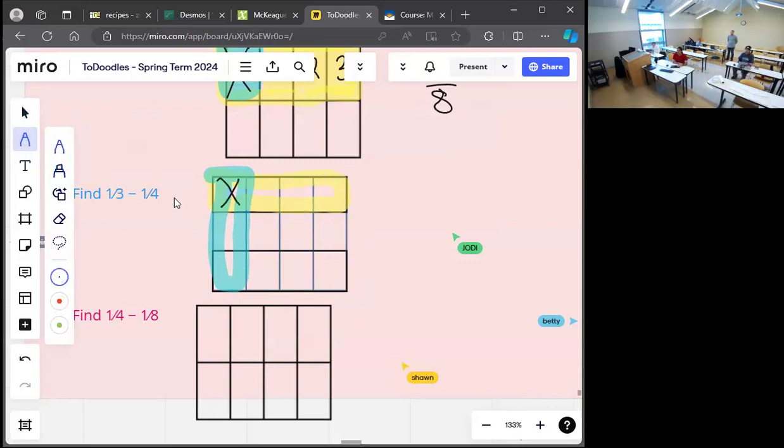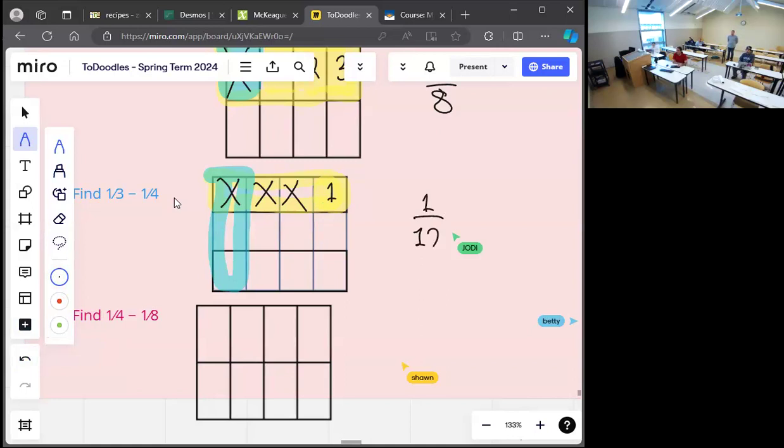So goodbye to that one and that one and that one. Those correspond to 1, 2, 3 little boxes there. The little boxes are 12ths, but we don't have to know that yet. So what's left is this one here. 1 out of 12 is left.